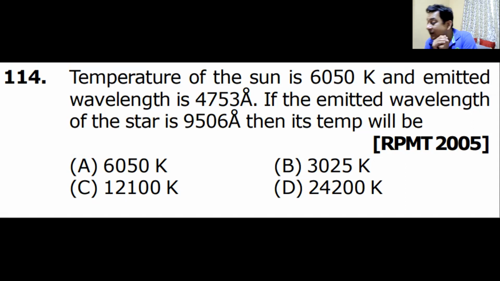If the emitted wavelength by a star is 9506 Angstrom units, what would the temperature be like? Calculations. Let's see who gets me this. I'll give you a minute to win it.